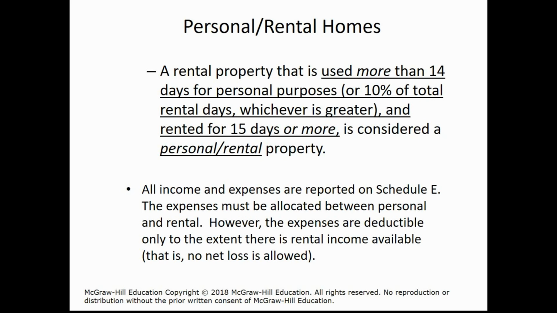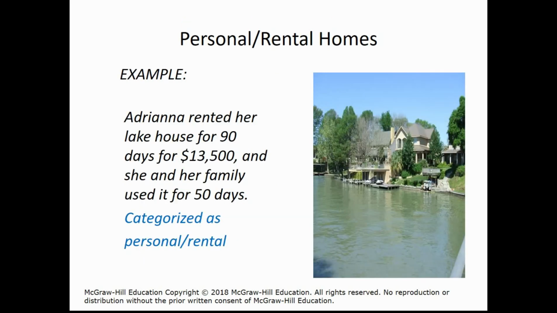Any expenses that are directly related to the rental of the property, like advertising to rent the property, those direct expenses would net against the rental income and would not, of course, be allocated. It's only the shared expenses, like we said before, property tax or interest on the mortgage for the rental home, that would be allocated and shared.